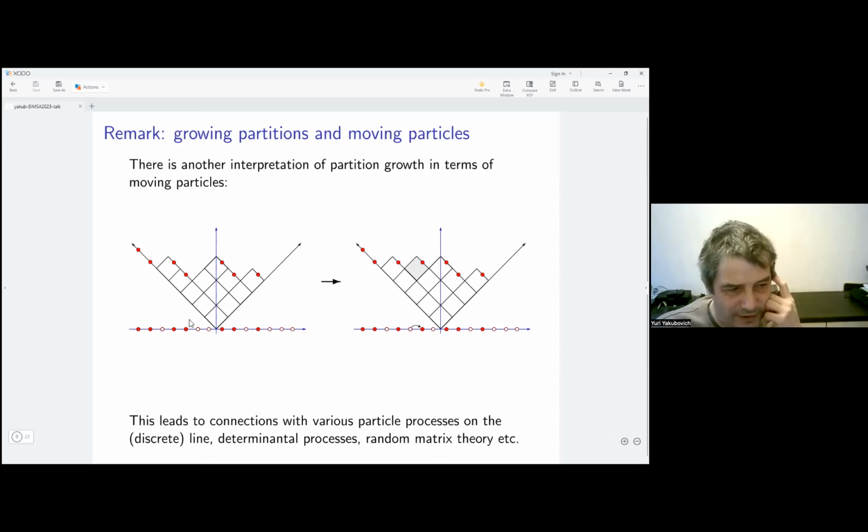In the upper boundary of the rotated Young diagram, we have some segments which go down and some which go up.